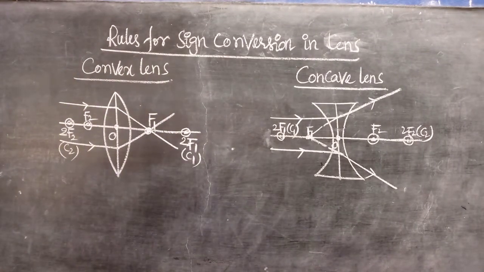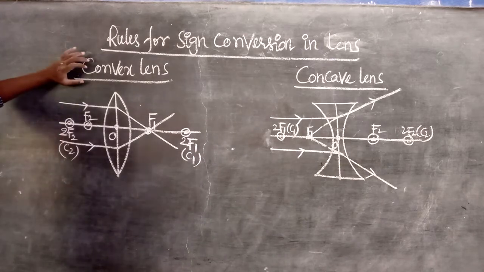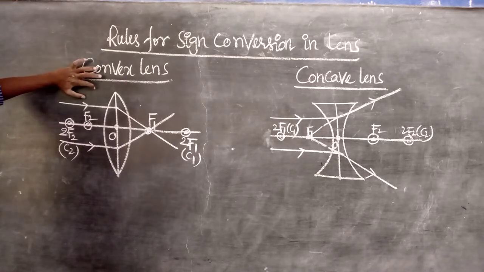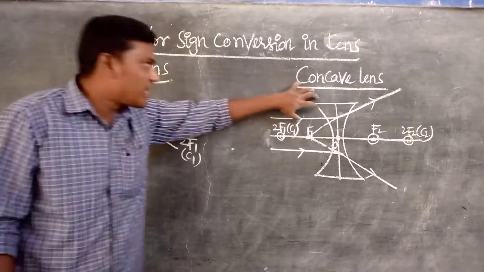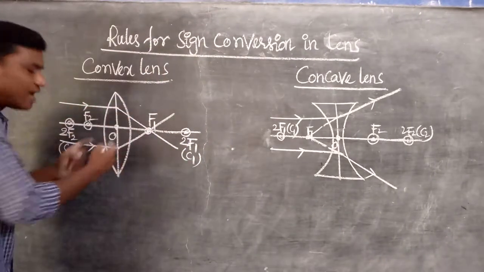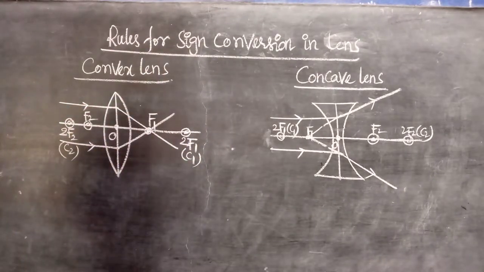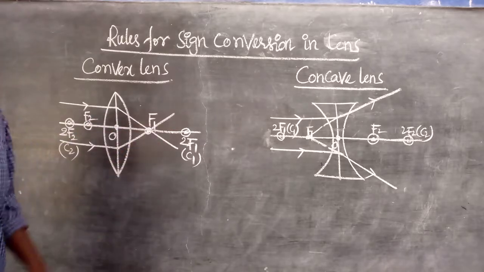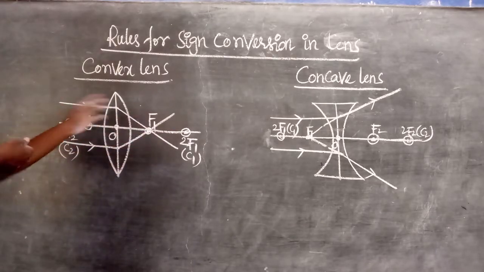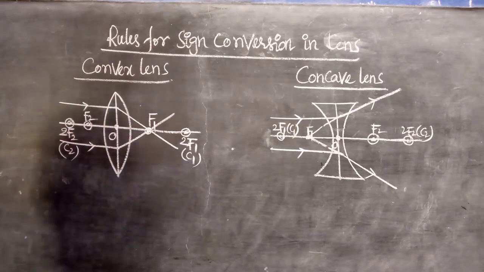So when you use the convex lens to solve numericals or problems, this confusion occurs. It is an equiconvex lens, and this is an equiconcave lens. Both have spherical surfaces, and each spherical surface has one radius of curvature, or center of curvature, and each curvature has its own focal length.